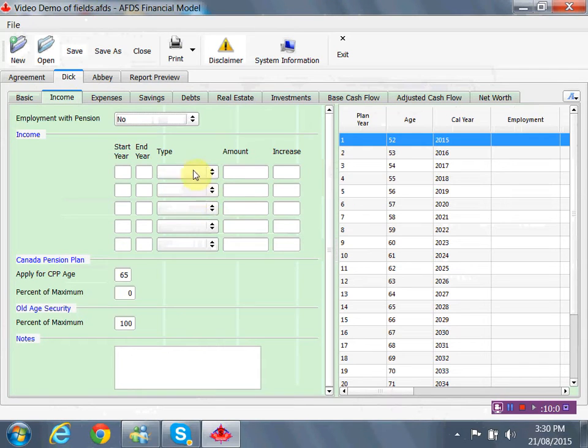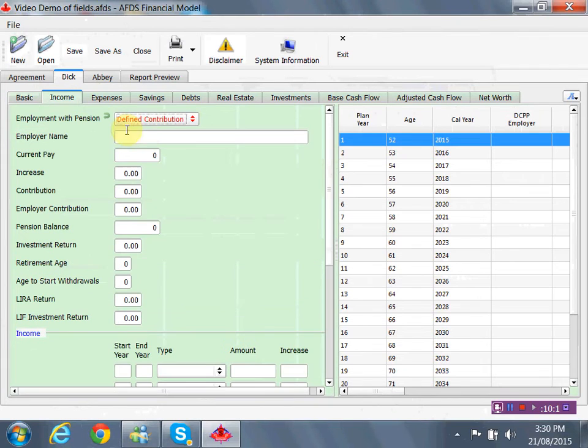If Dick is getting a DC plan, he's got an employment, but it's connected to a DC plan, so defined contribution, you would use this to increase your fields and be able to enter that information. So you can put in the name of his employer, how much money Dick is earning right now, and if he's getting an increase in his income.